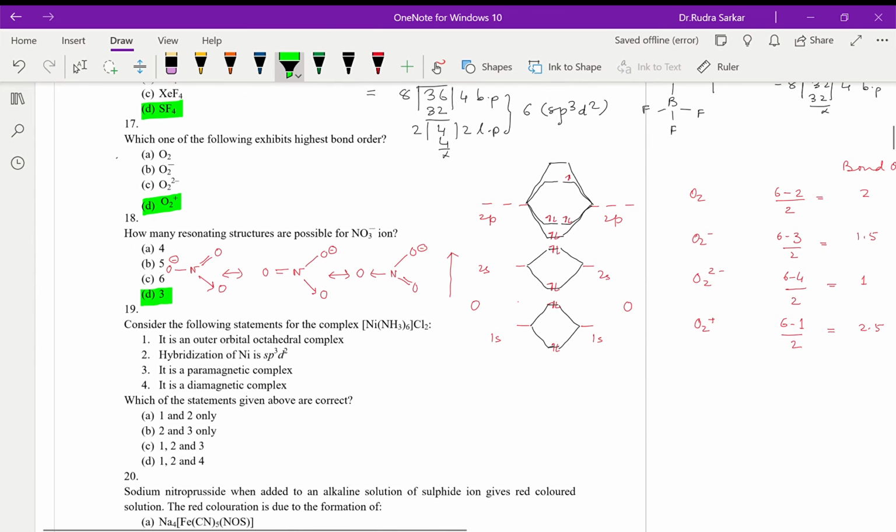In question number 19, they have asked, consider the following statements for the complex Ni(NH3)6 Cl2, and we have to find out whether it is an outer orbital octahedral complex. Hybridization of Ni is sp3d2, it is a paramagnetic complex, or it is a diamagnetic complex.